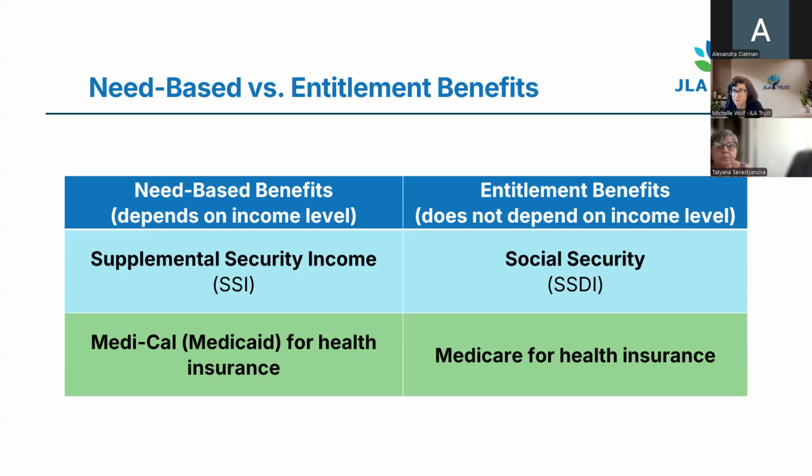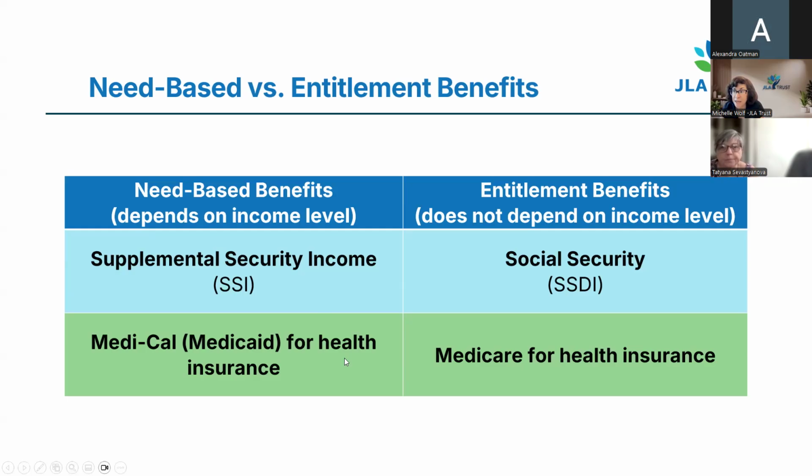And I know this gets really confusing, all the different health insurance programs. So just a quick review. I think most people know about Medicare. Medicare is our national federal health insurance program for people over the age of 65.